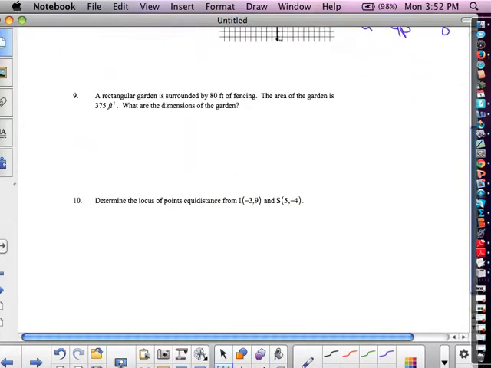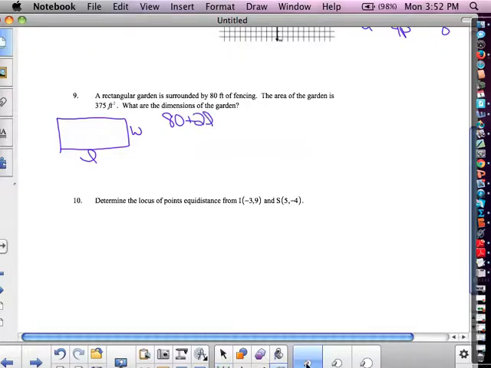Number 9, a rectangular garden is surrounded by 80 feet of fencing. The area of the garden is 375 feet squared. What are the dimensions of the garden? So I have a garden, length times width. The perimeter is 80, or excuse me, 80 equals 2L plus 2W.